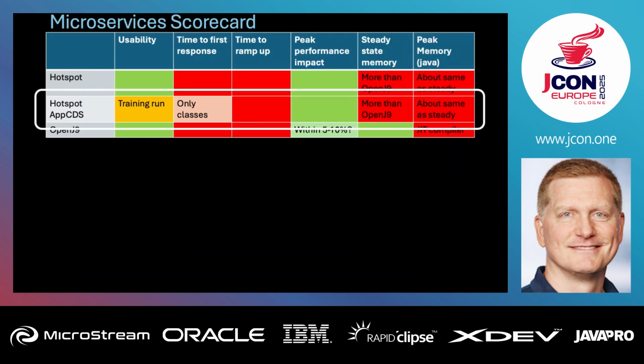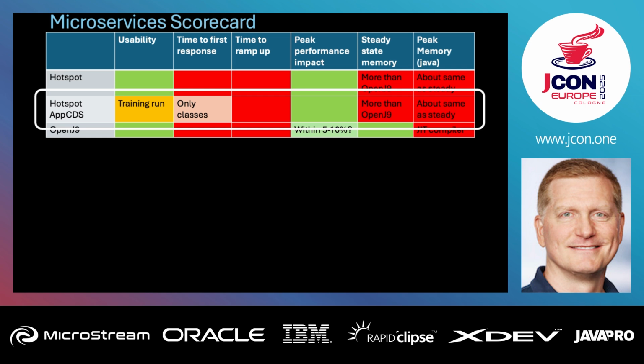So if I add this one into my list, so I'm going to insert all the Hotspot ones at the top here, so I'll just go across here. So you have to do a training run, although Quarkus makes this very easy, so I'm a little bit loath to make this an orange, but I had to point out that the training run is there. This only works on classes, so it does improve on the time to first response, and it does provide some benefit to startup, but it's not as much as some of the other options that we're going to go through.